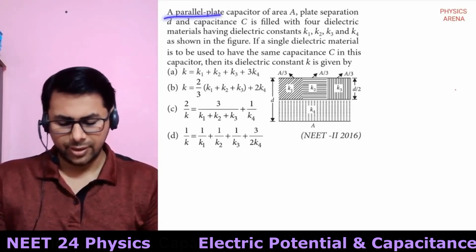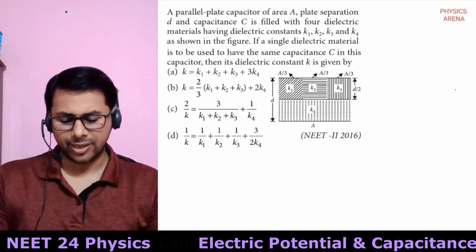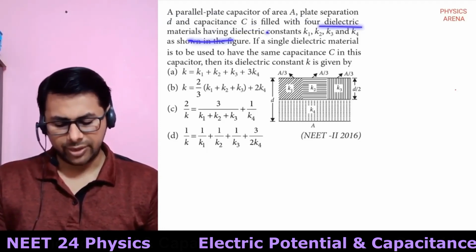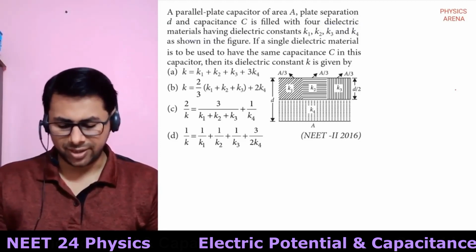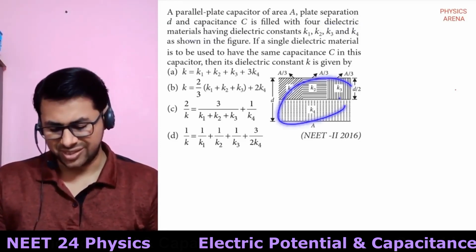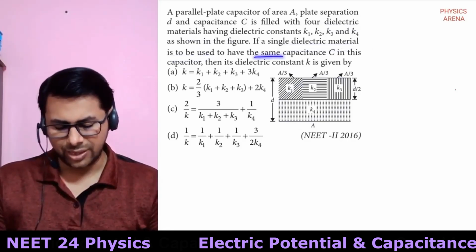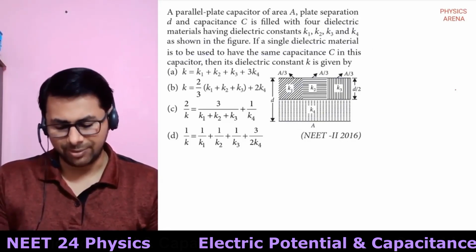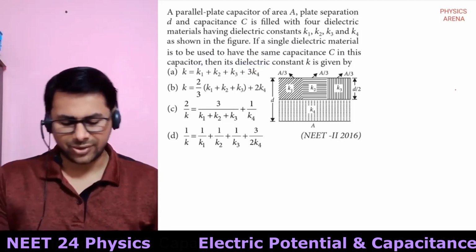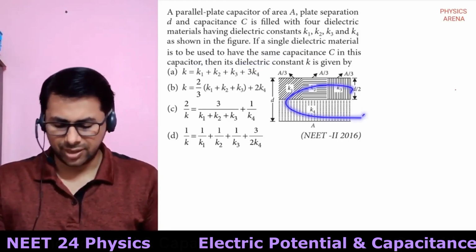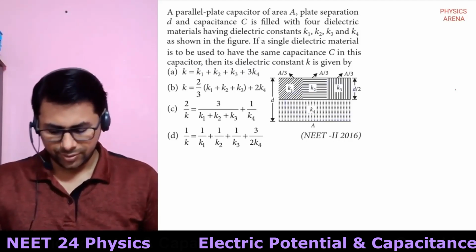Let us see the next one. A parallel plate capacitor of area A, plate separation D, and capacitance C is filled with four dielectric materials having dielectric constants K1, K2, K3, K4 as shown in the figure. If a single dielectric material is to be used to have the same capacitance C in this capacitor, then its dielectric constant K is given by. Once again it is a similar question.